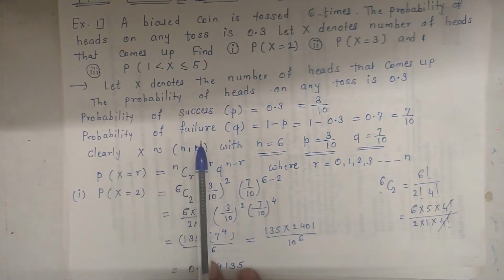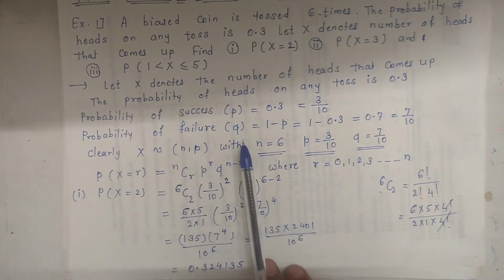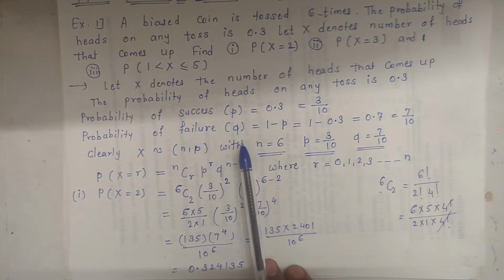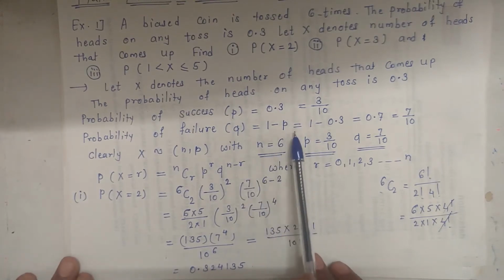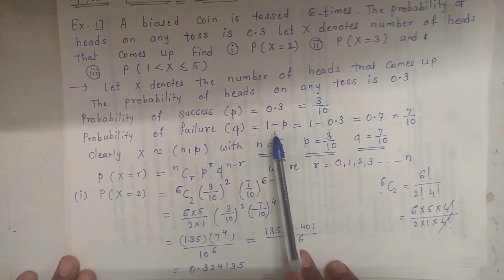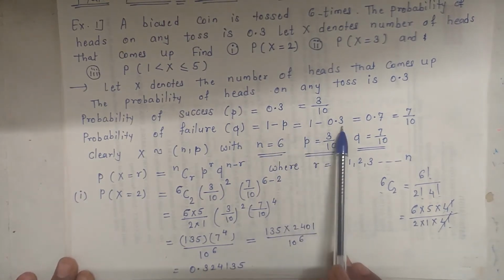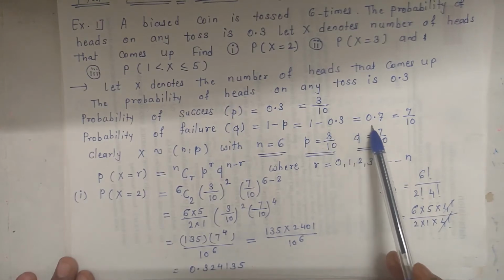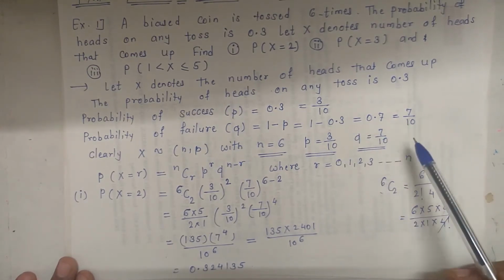We know that the probability of failure is denoted by q and is given by 1 minus p. So q is equal to 1 minus 0.3, which is 0.7, that is 7 by 10.